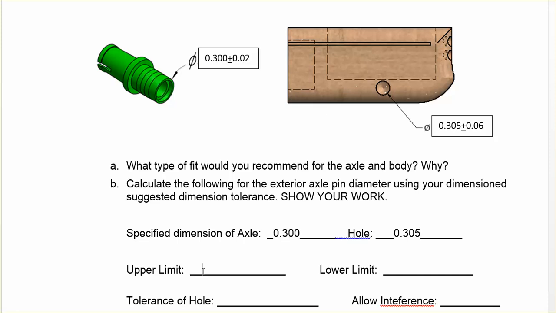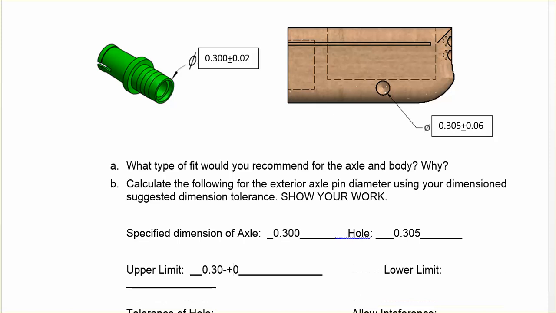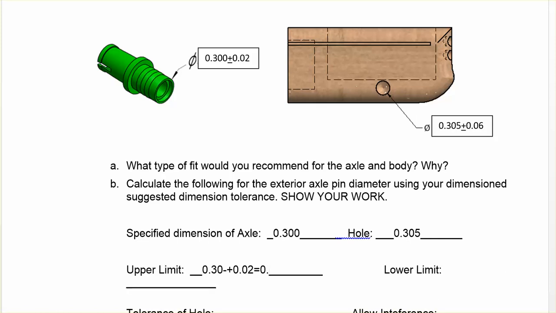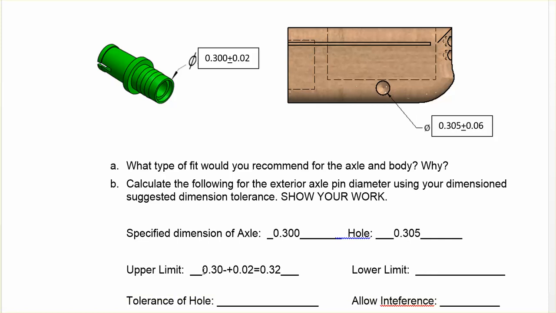The upper limit, well, all right, I'm just going to do the axle in this case. The upper limit is how big it would be, 0.300, and then I'm going to add that 0.02 to it, and that's going to give us an answer of 0.32, and that would be the upper limit because we've just simply added the variance to the specified dimension.